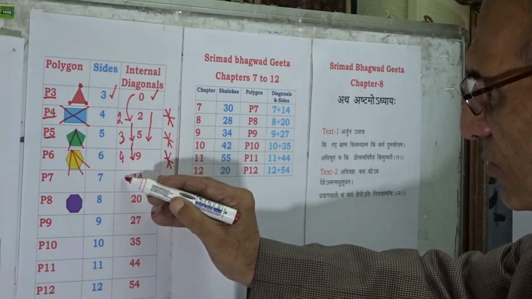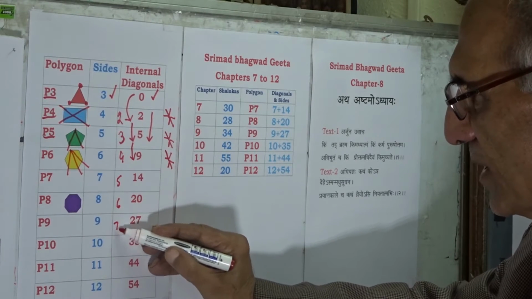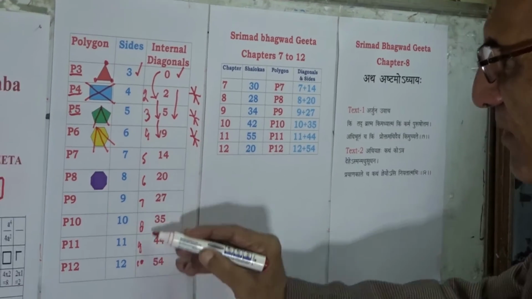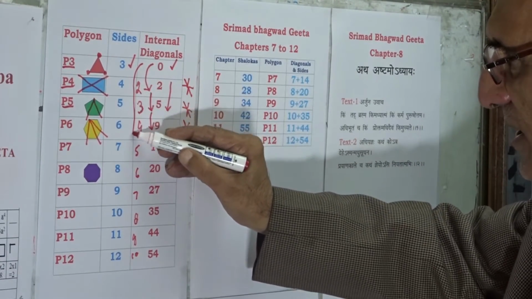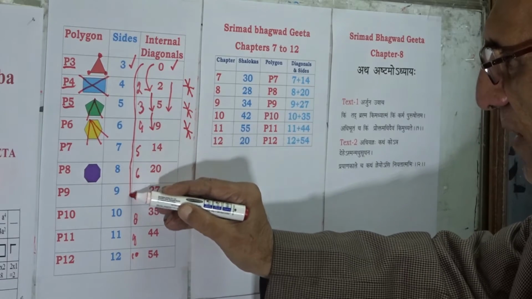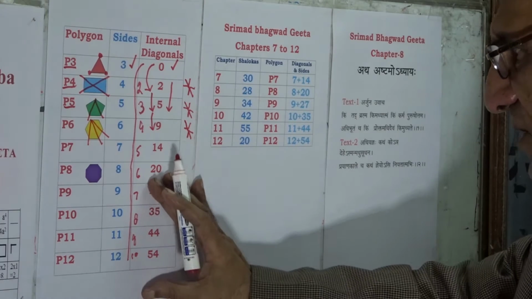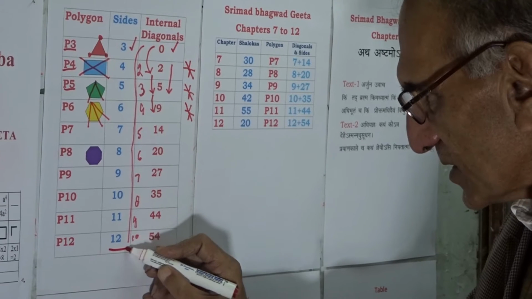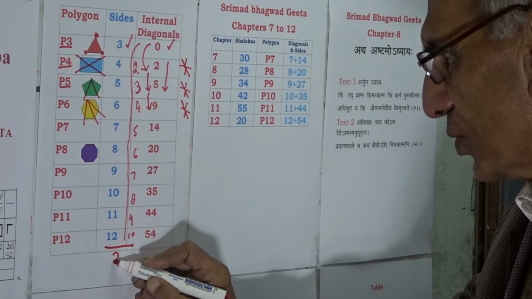So see, this way the sequential increase is going to be one more than before. It is this feature of one more than before, a sequential increase of 2, 3, 4, 5, 6, 7, 8, 9 and 10 diagonals, which will help us appreciate that the difference of the number of sides and the number of diagonals remains 2 throughout.